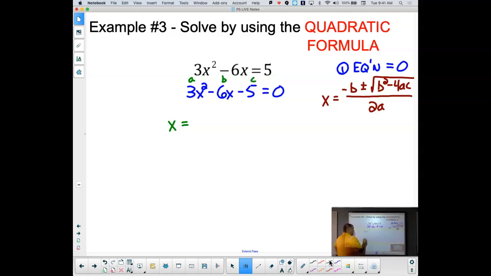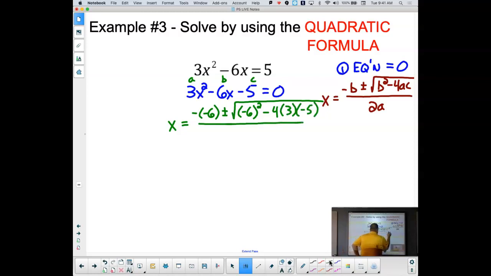The opposite of negative 6, I'm going to write it out total longhand here for you, is going to be that plus minus big square root negative 6 squared minus 4 times a, which is 3, times c, which is negative 5, all over 2 times 3.